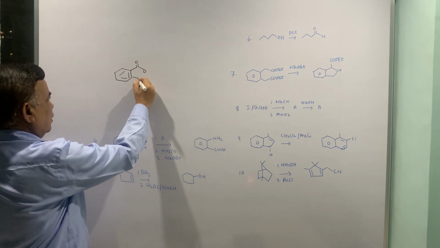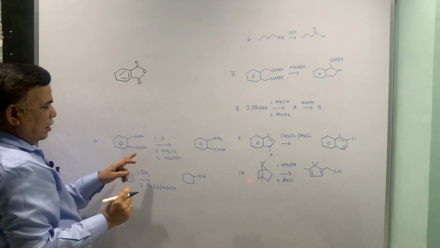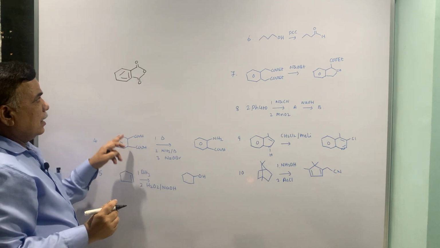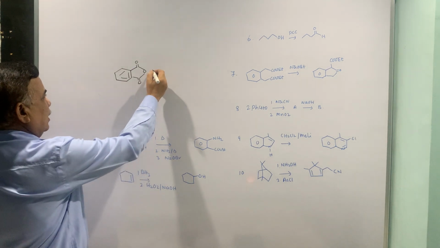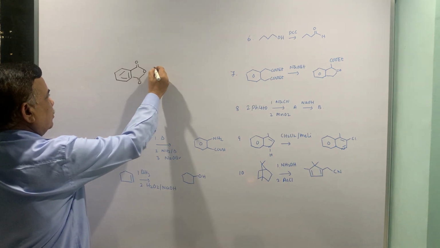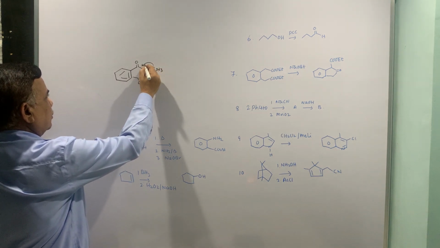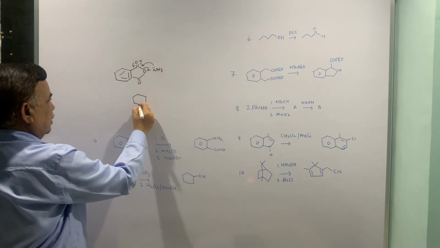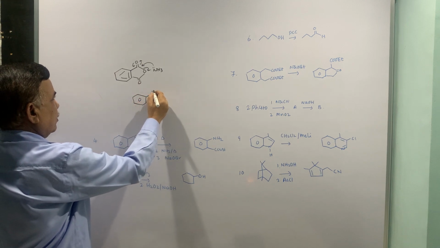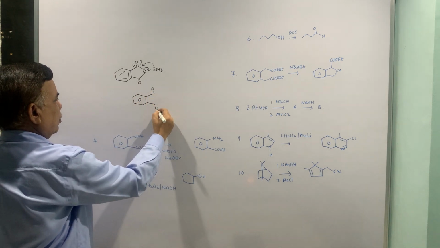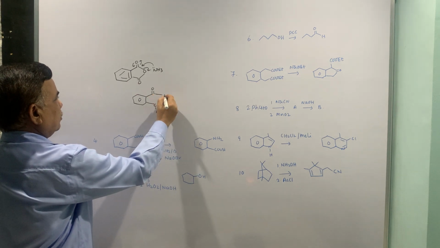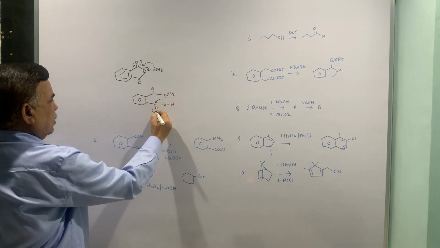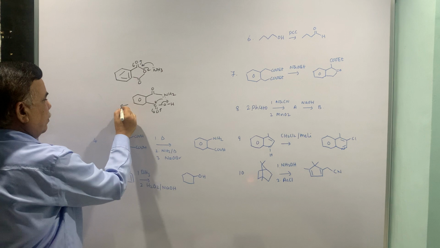The first reaction is the elimination of water. So if you take phthalic acid and heat it, it will become phthalic anhydride. Then NH3, initially it is a ring opening, so CO, OH, NH2, then comes here, this goes off.